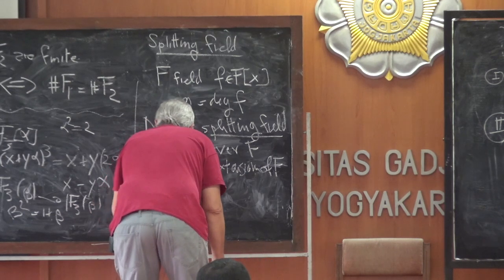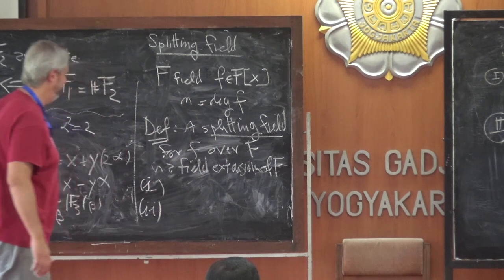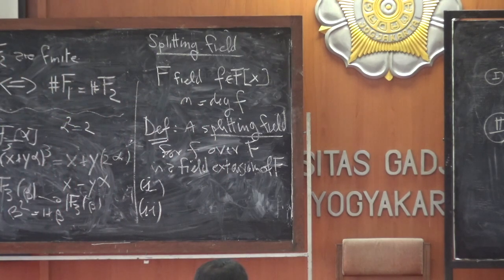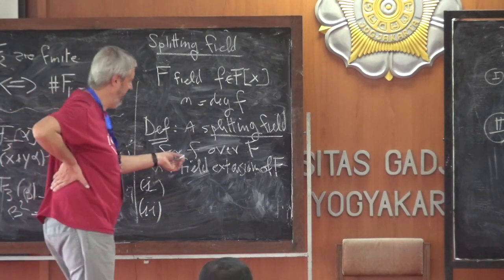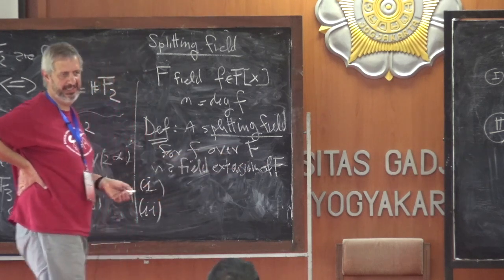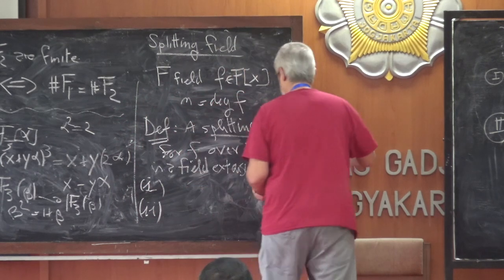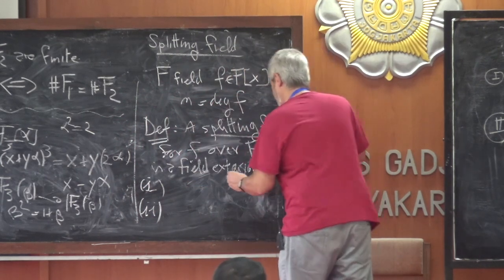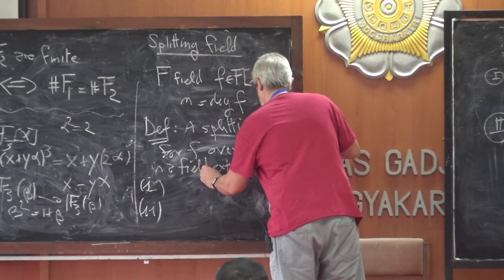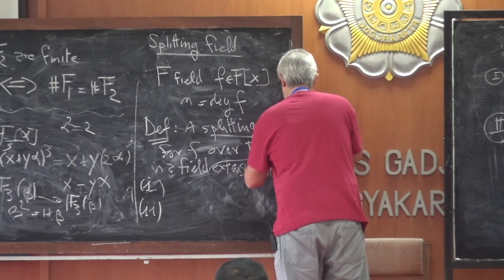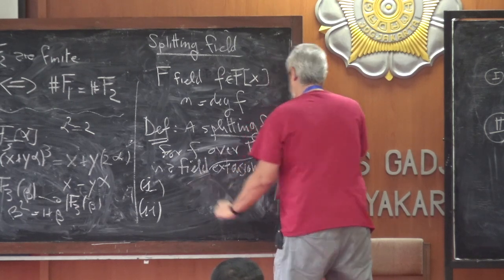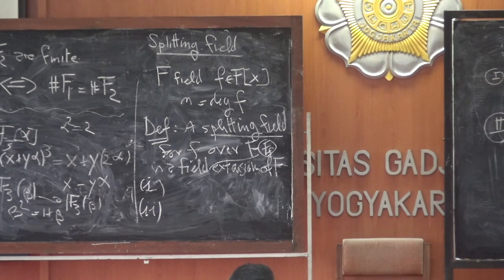So the first property is that f splits in this extension. It's a field extension of F, so this field extension, we call it F_f.